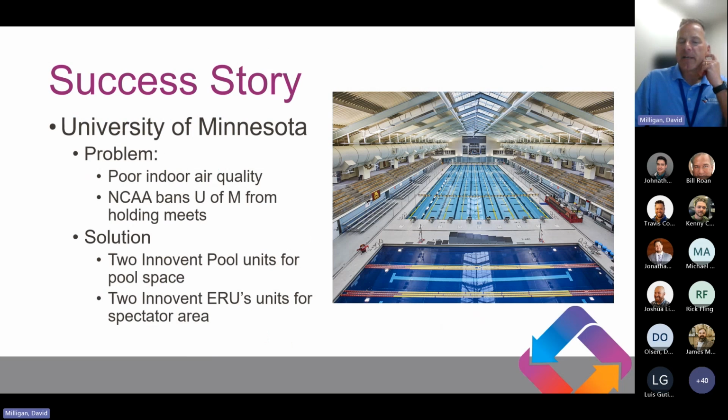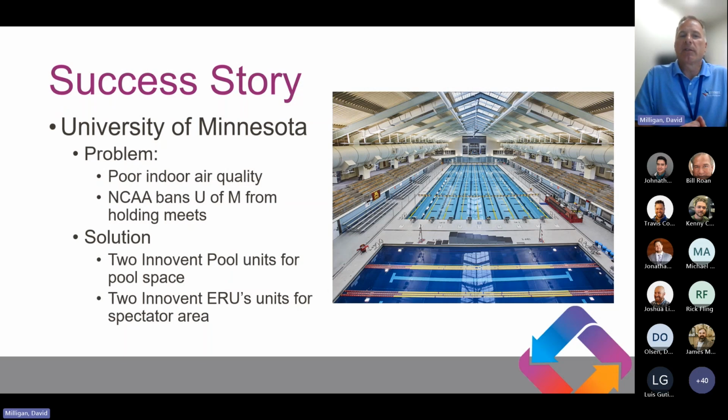And just to reiterate, we had a system here at the University of Minnesota, beautiful swimming area where they have large competitions. They were actually banned by the NCAA from holding any meets because the air quality was so bad in the pool space. They had a couple of mechanical dehumidifiers that were not up to task.